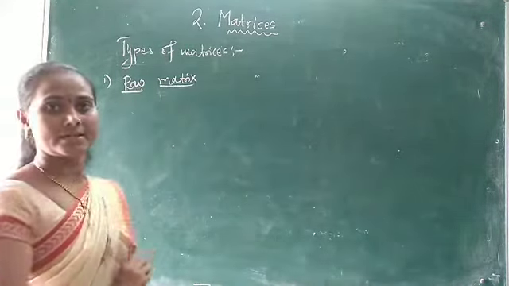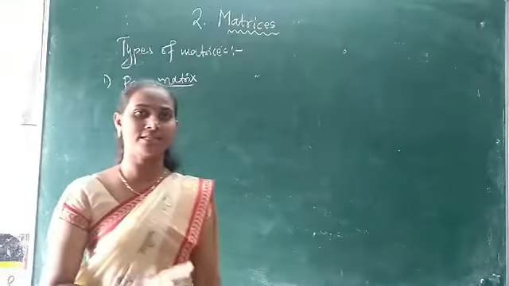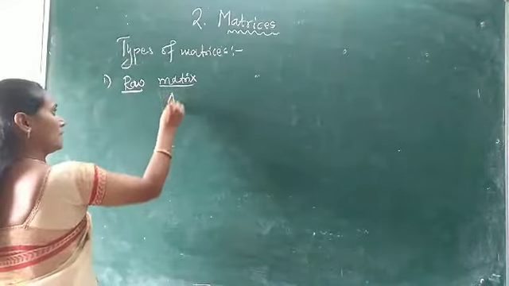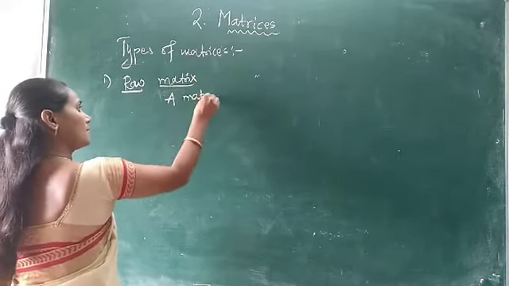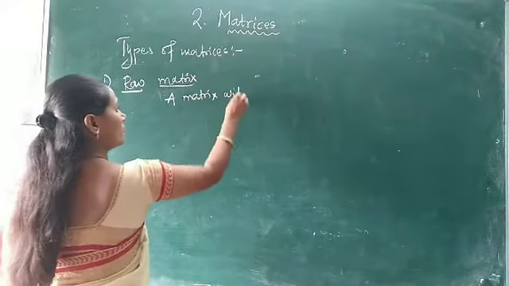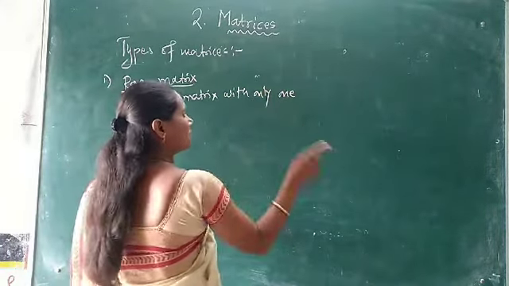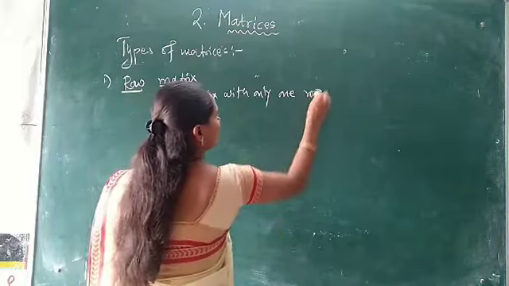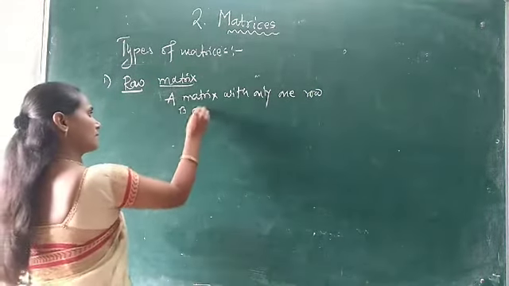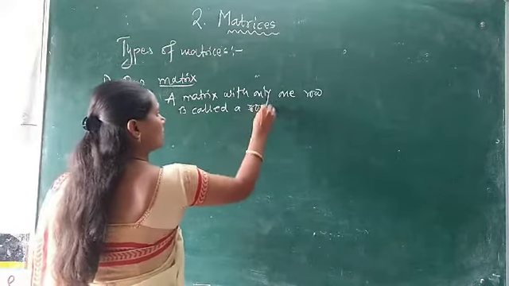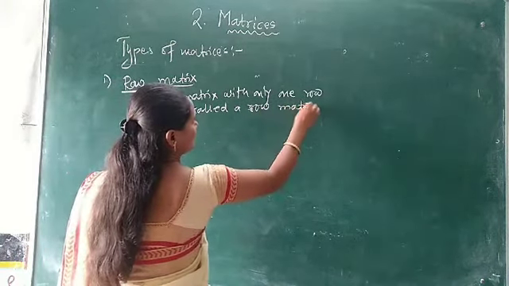A matrix with only one row is called a row matrix.